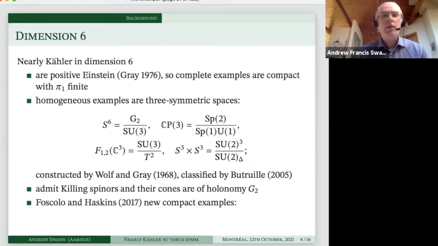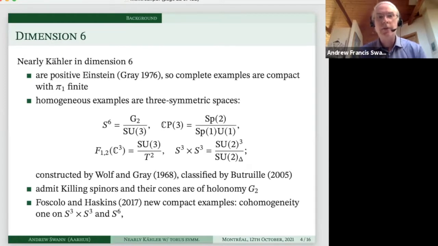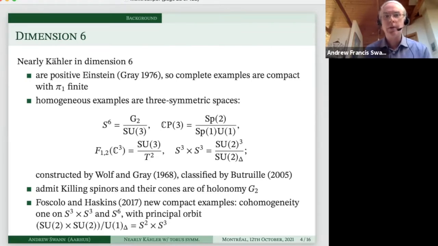But all these different angles of looking at nearly Kähler resulted in 2017 in Foscolo and Haskins actually constructing new compact examples. So they live on 2 of the spaces that are already on my list, on S3 cross S3 and on S6. They're no longer homogeneous, but they're constructed as cohomogeneity 1 examples.